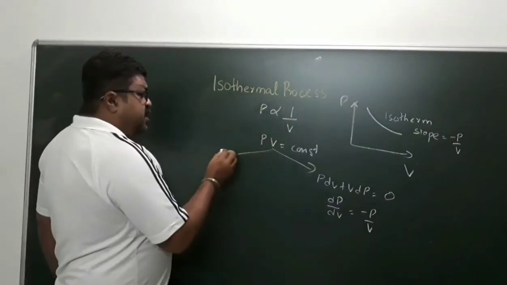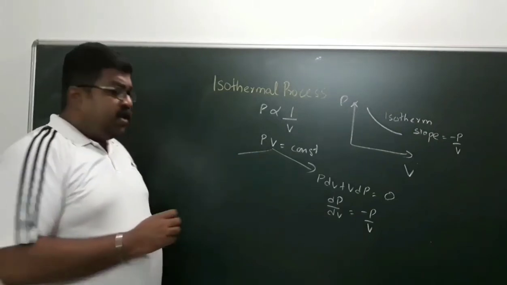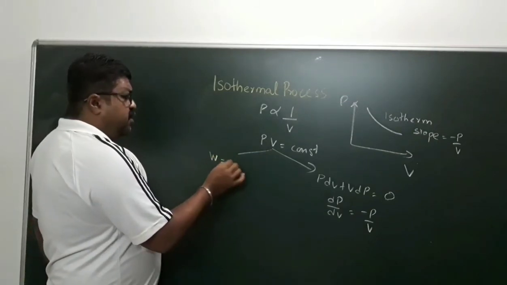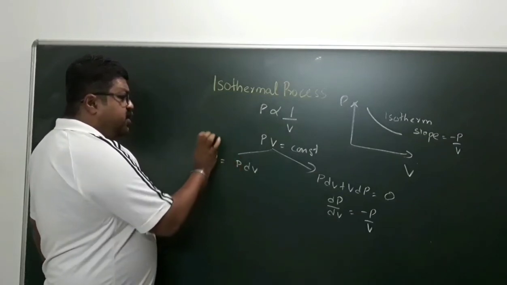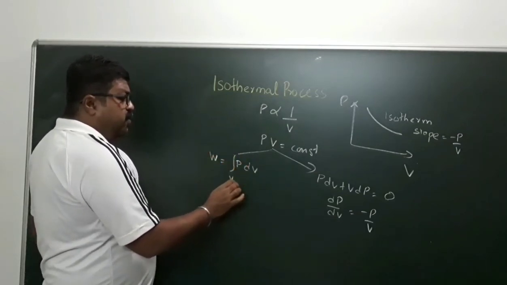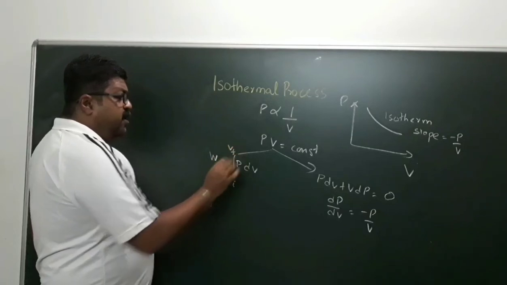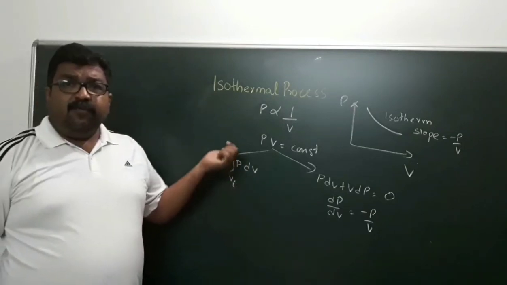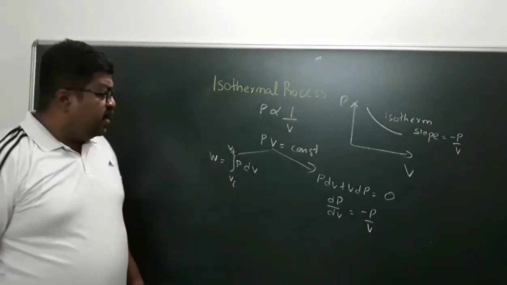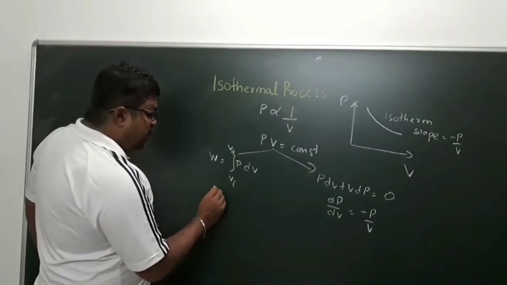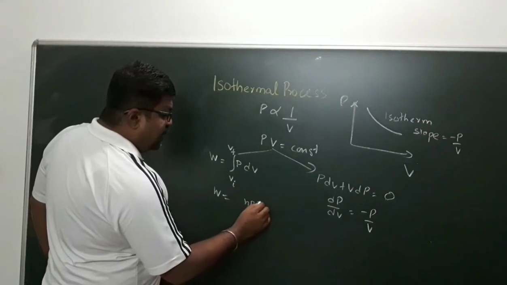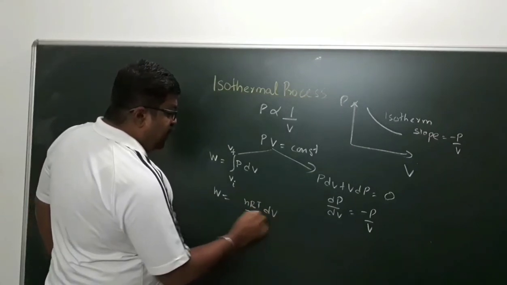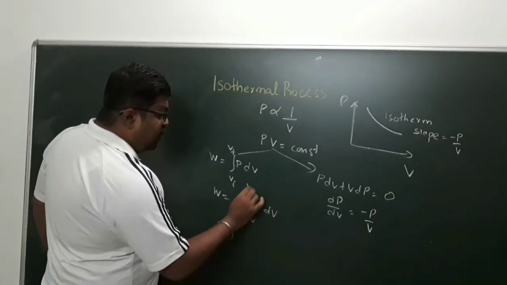Now another thing is the calculation of work done. Work done: dW is equal to PdV. Now total work done in changing the volume from V initial to V final will be W equal to the integral from Vi to Vf of PdV. Now if you substitute the value of P, this is nRT by V dV from Vi to Vf.